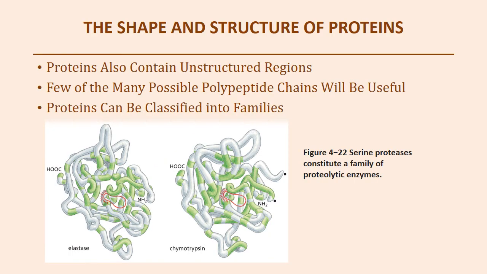Besides the folding of the protein and the interaction of the amino group and the carboxyl group, we also know that within the protein itself, there will be some unstructured regions. These are usually used to allow domains to easily connect between each other. We also see that there are polypeptide chains.